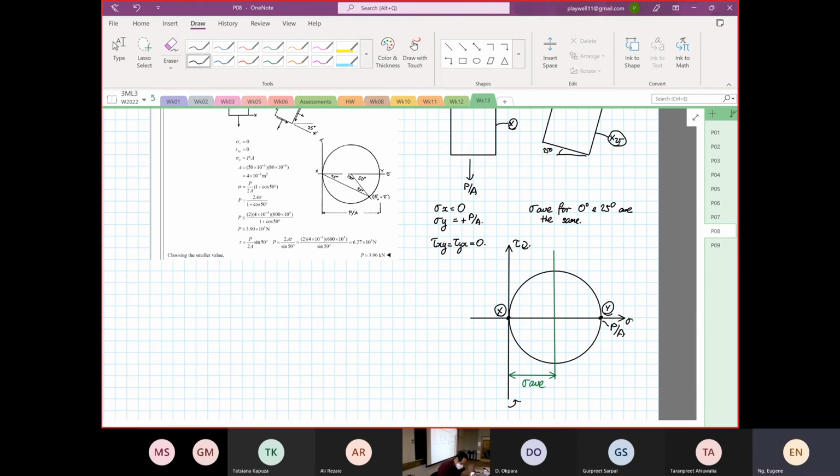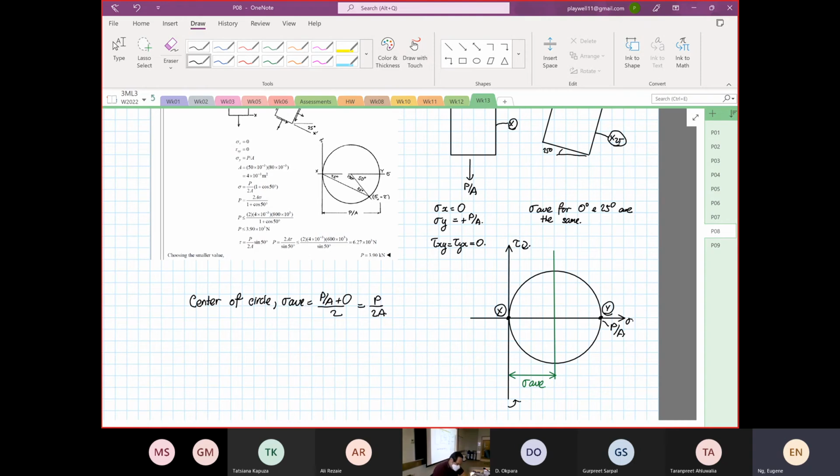So from here, we can calculate the center of the circle with the average stress, which is equal to P over A plus 0 divided by 2. So this is equal to P over 2A, right? So we have no problem with that, okay?